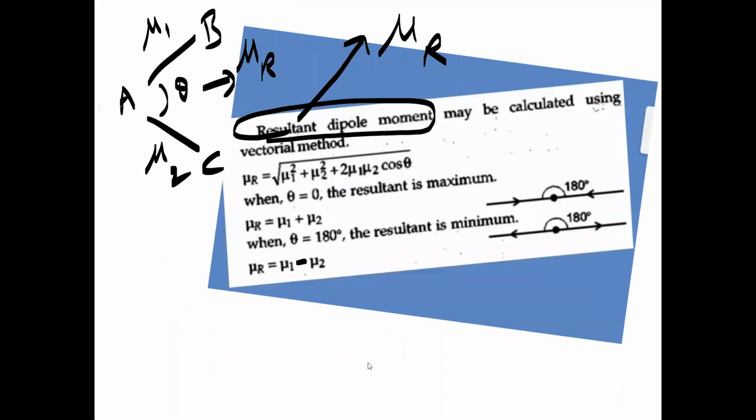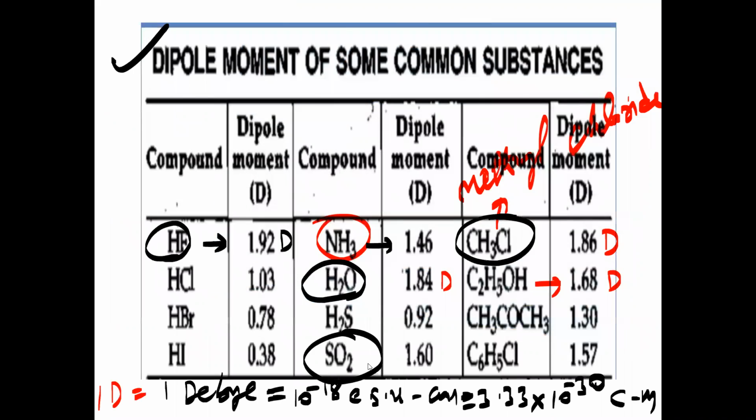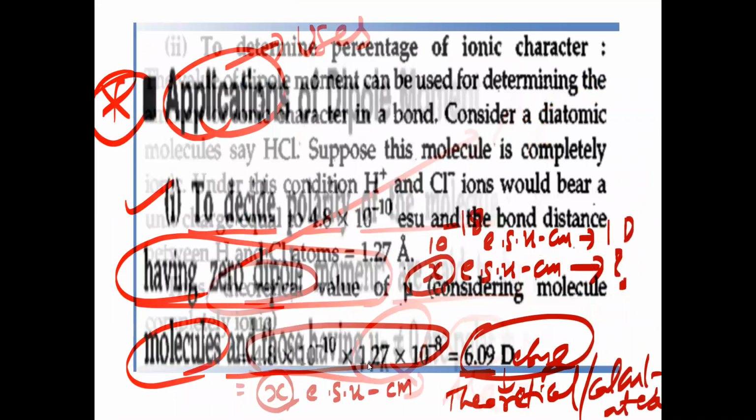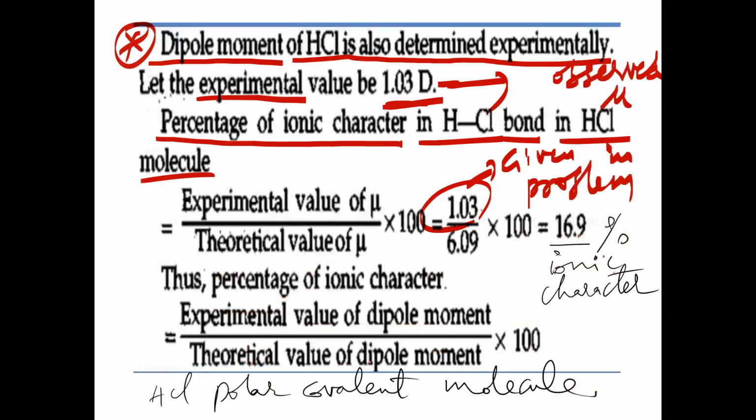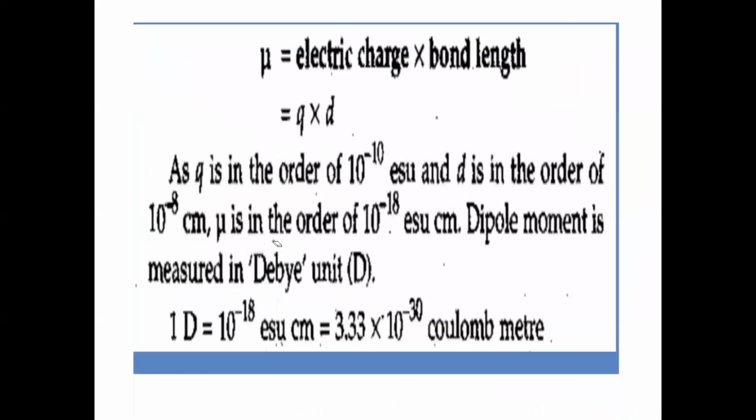In terms of dipole moment, the formula for percentage of ionic character is mu observed by mu theoretical. Here experimental is also called observed. Is that clear? So like that, mu observed by mu theoretical we have taken.